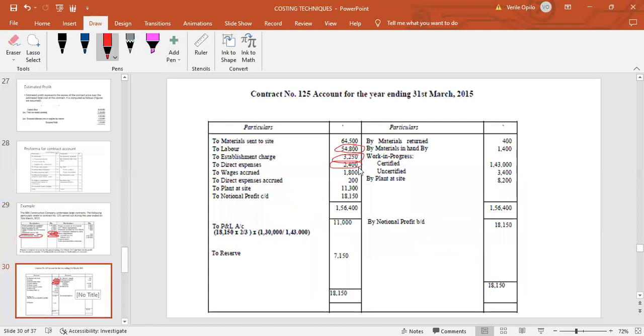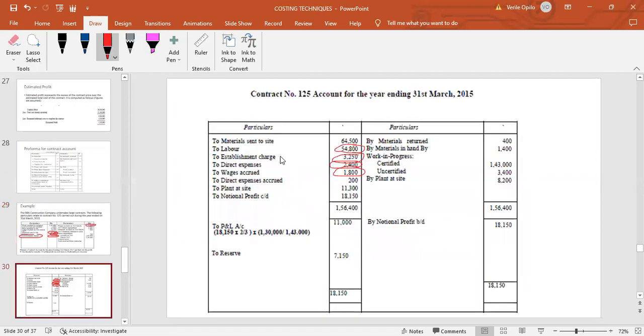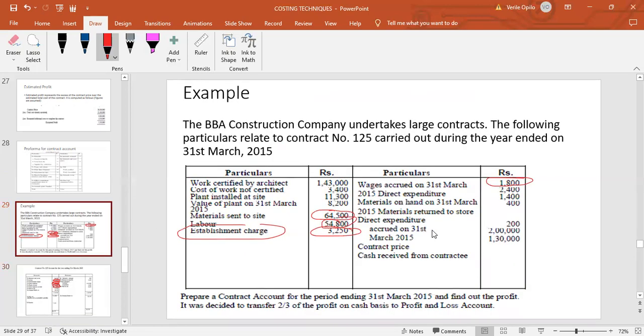Then there are the wages accrued by the time they were closing. In this case, we are told that the wages accrued were equal to 1,800. So that is again another important element. Then there's the direct expenses that were accrued but not paid for at the closing date. In this case, the 200 that we have been given here.